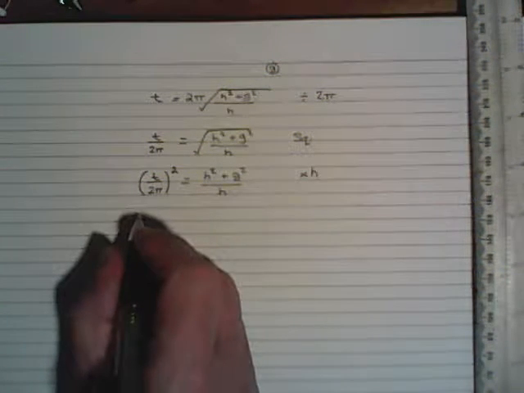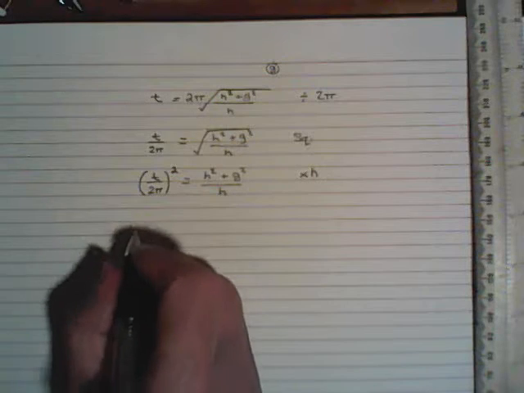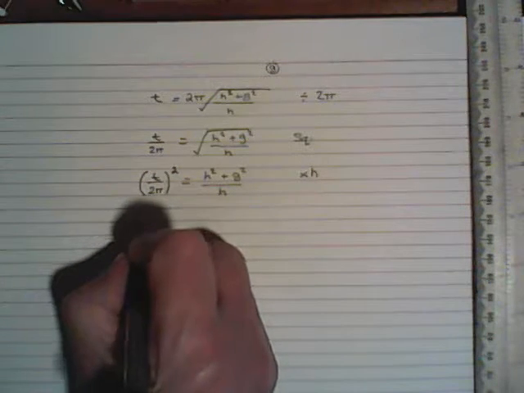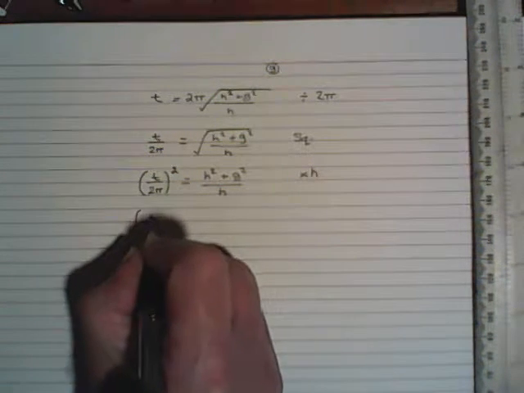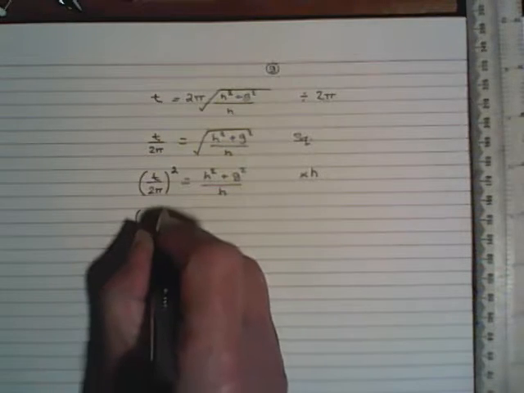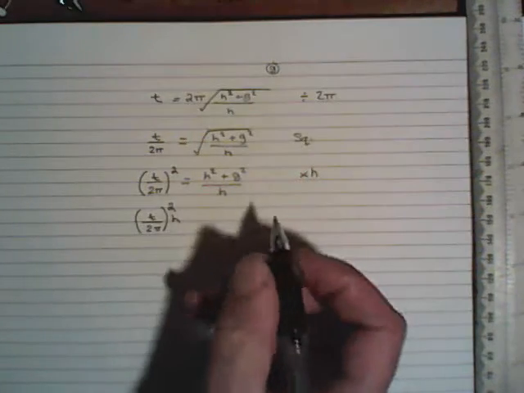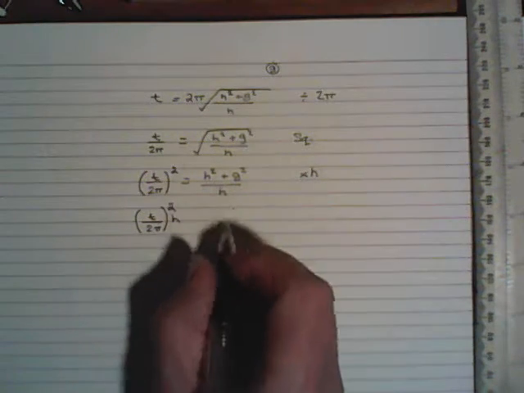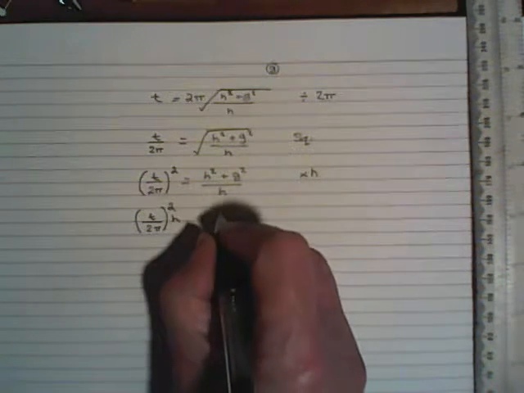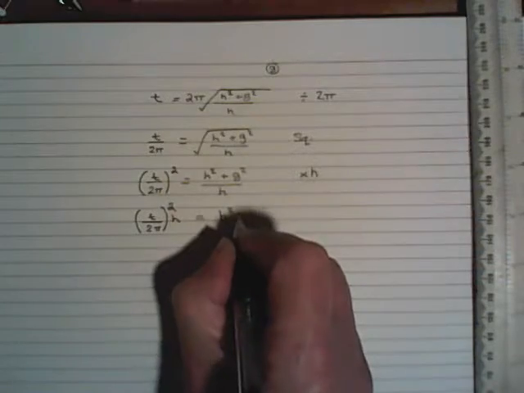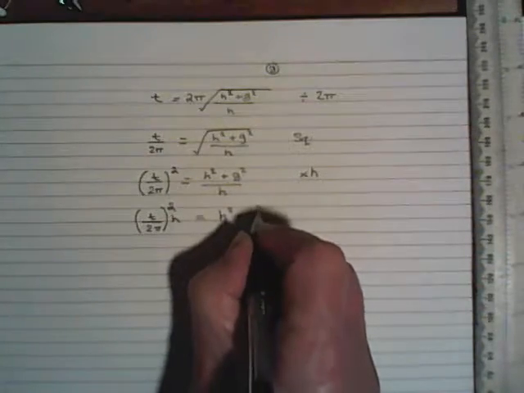So now we've got a situation whereby we have, open the brackets, t over 2 pi, close brackets, squared, times h, which just means it's multiplied by that, and then this becomes equal to h squared plus g squared.